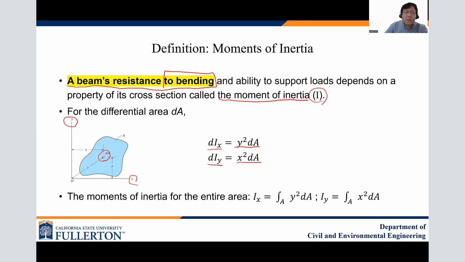For the moment of inertia of the entire area, not the differential area, we use area integration. There's an area integration for the Ix, but be careful using the y squared. That is the equation to find the moment of inertia.